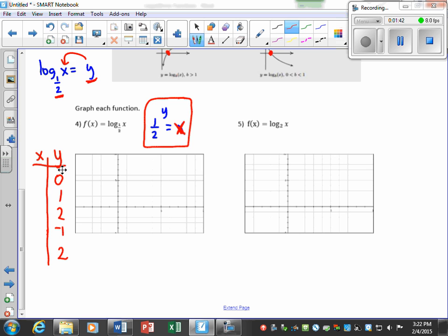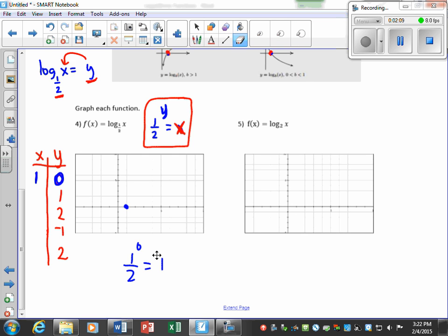So if I plug 0 in for y right here, that would give me 1/2 to the 0 power, which is just 1. If I plotted that point, we know that (1, 0) is on the graph because we made that comment up here and we said (1, 0) will always be on the graph of a parent function.